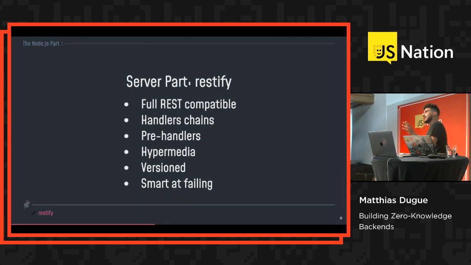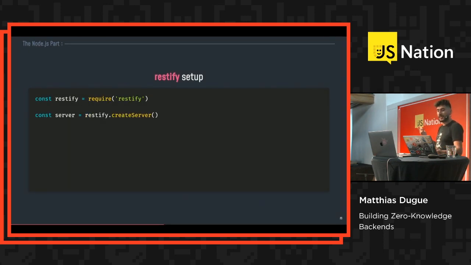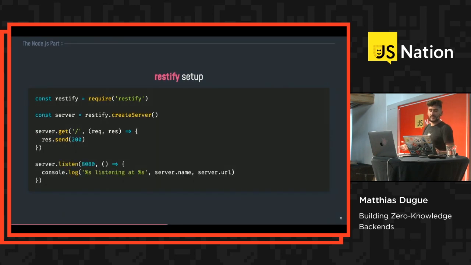You've got a system to do some versioning directly in your API, which is pretty useful because you don't want to do some cryptography without some solution to version your endpoints and allow you to disable some part when they are corrupted or infected. And it's pretty smart at failing. So a simple Restify setup is just to require Restify, create a server, declare your endpoints, listen on your server, and you're done. Quite simple.